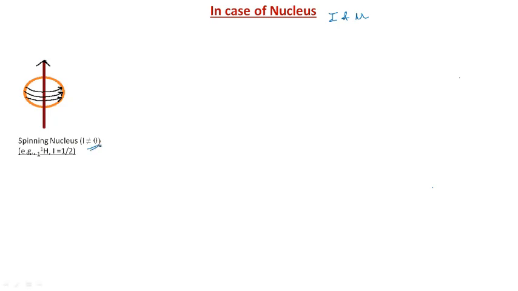This is the nuclear spin value, which is non-zero in the case of hydrogen, and equal to 1 by 2. This nucleus is having one proton in its nucleus. According to the classical picture, this nucleus is assumed to be spherical and rotates about an axis, and thus possesses a nuclear or an intrinsic angular momentum.